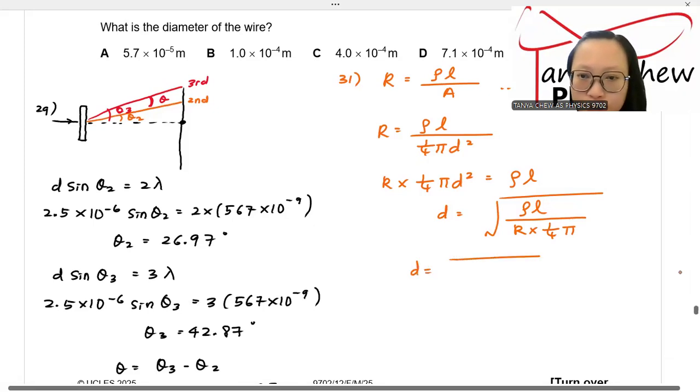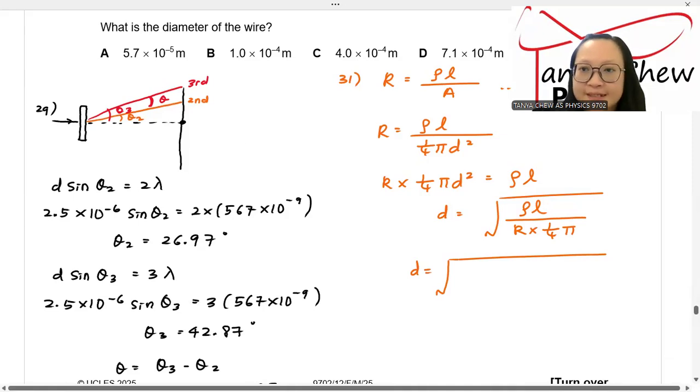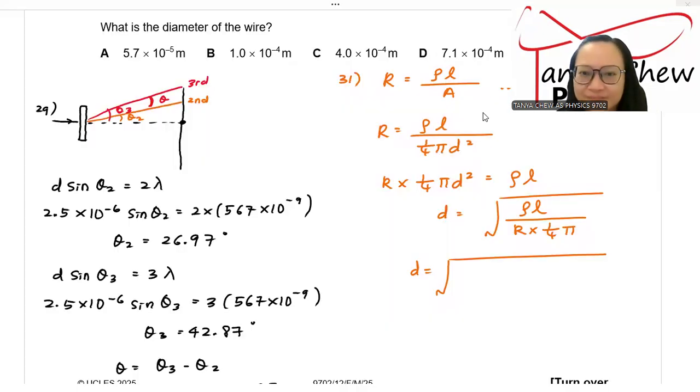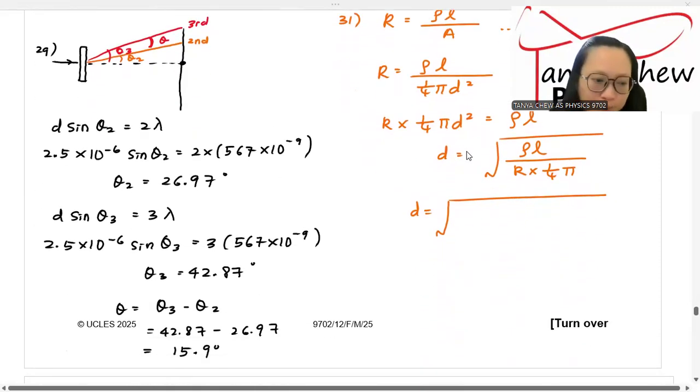D is equal to, rho represents resistivity, which is 1.8 times 10 to the power of negative 8. L represents the length.